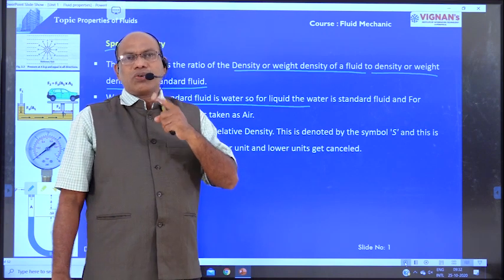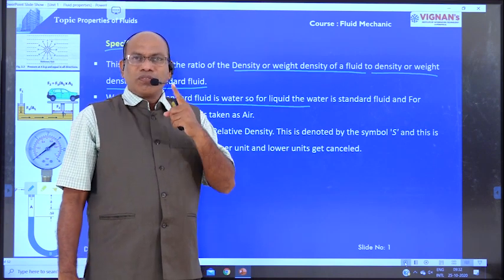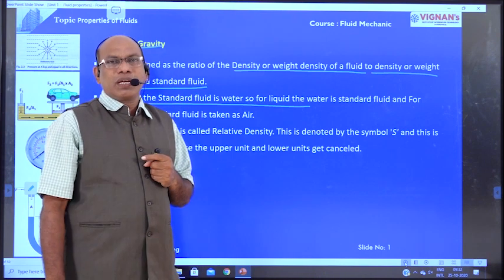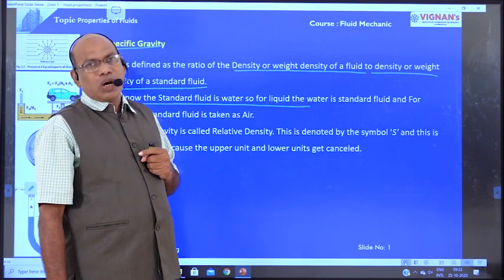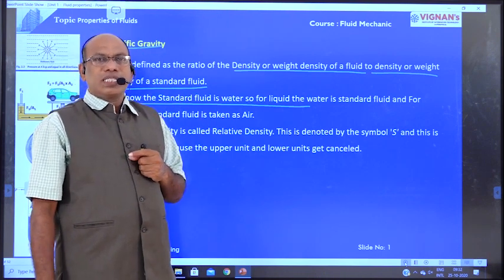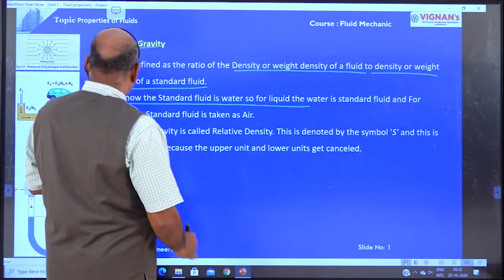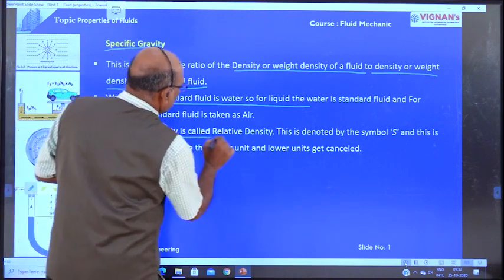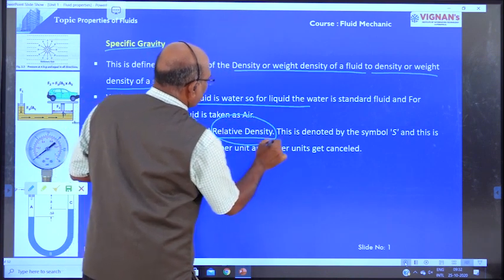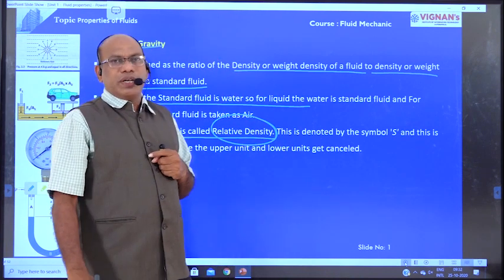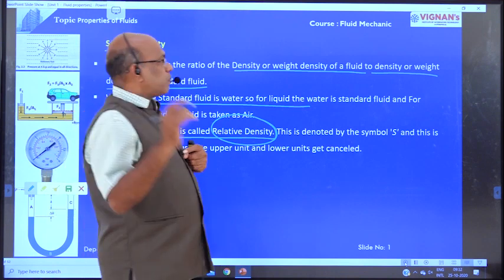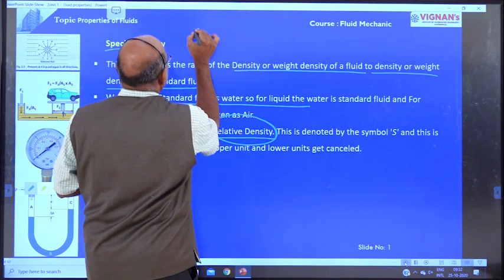The water density is equal to 1000 kg per meter cube. The water weight density is equal to 9810 Newton per meter cube. Right? These are the standard values for the mass density and weight density. The specific gravity is called the relative density. Specific gravity is also nothing but relative density. Okay. Specific gravity is denoted by S.